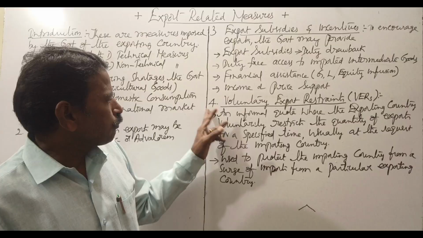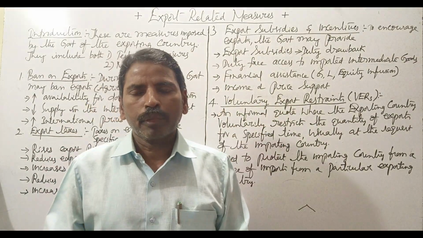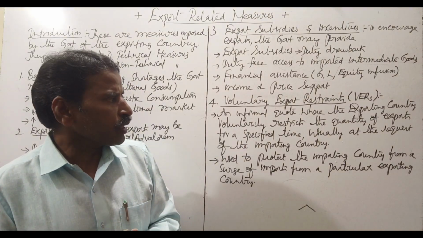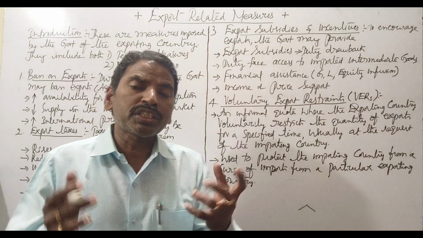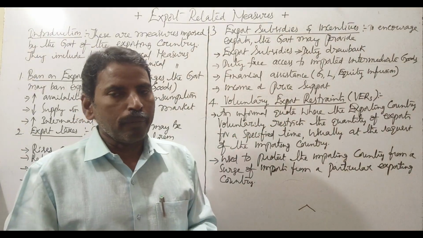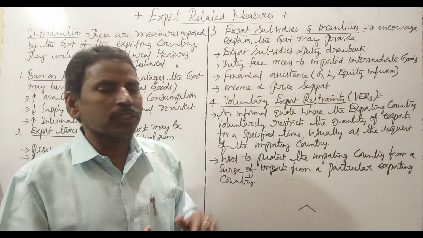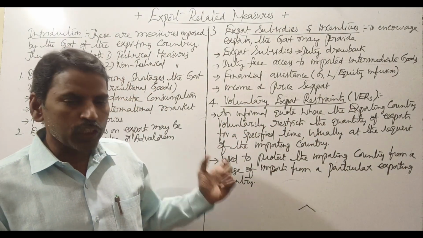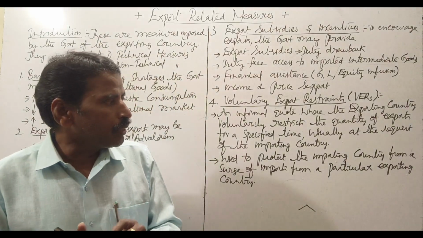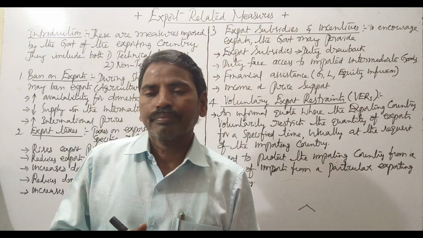Next, fourth one is voluntary export restraints. Voluntary export restraints means an informal quota where the exporting country voluntarily restricts the quantity of exports for a specified time, usually at the request of the importing country.